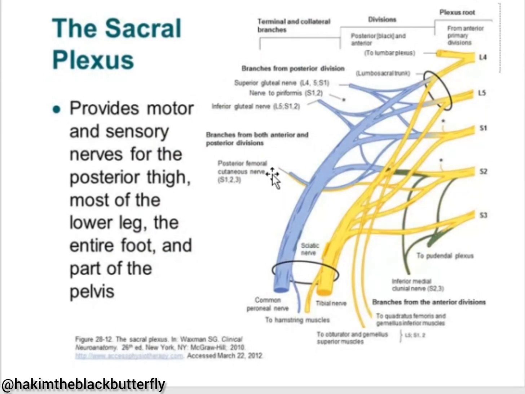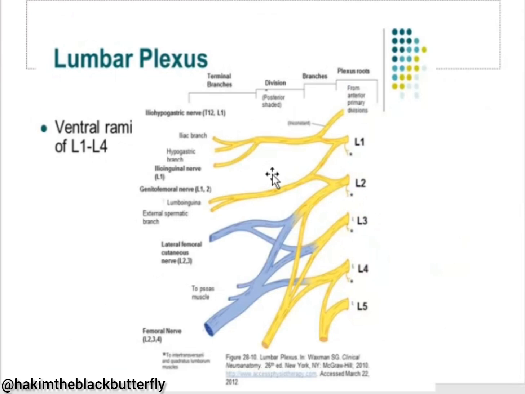And piriformis is a lateral rotator of the thigh at the hip joint.